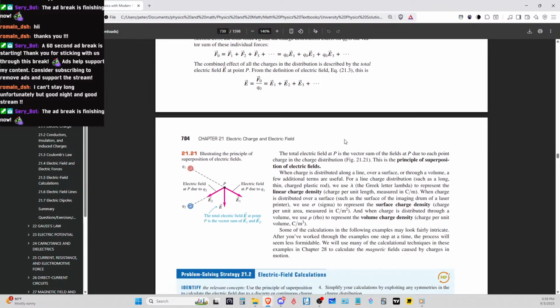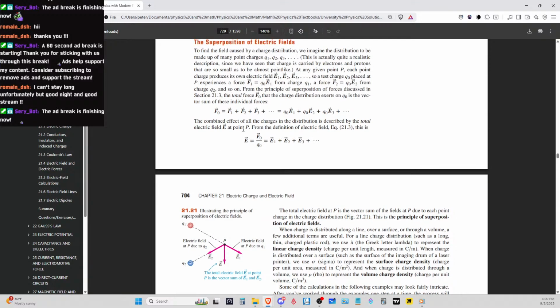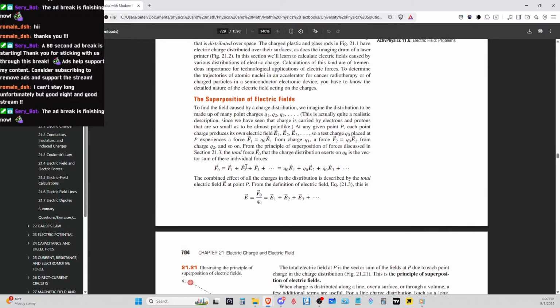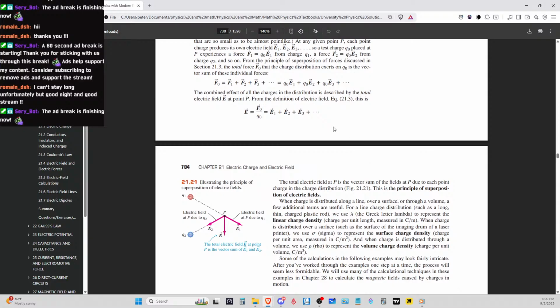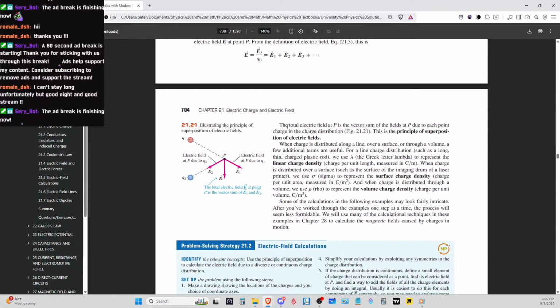I'm just going to read a little bit about this before we end stream. Let's see. Combine all the electric charges in the distribution described by the total. So, illustration of the principle of superposition in electric field.